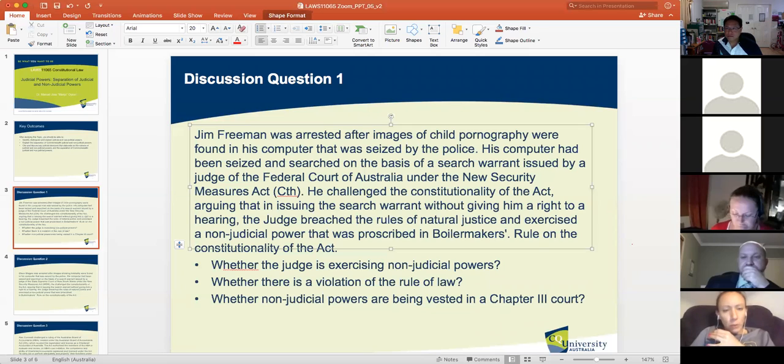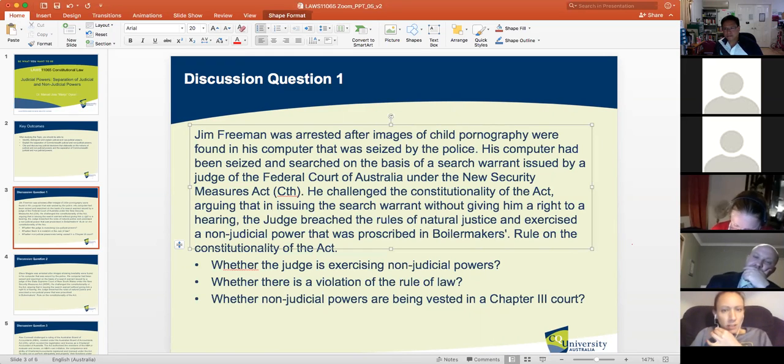Per the Boilermakers case, non-judicial powers cannot validly be vested in Chapter 3 courts, and non-Chapter 3 courts cannot be vested with judicial powers. Very good.